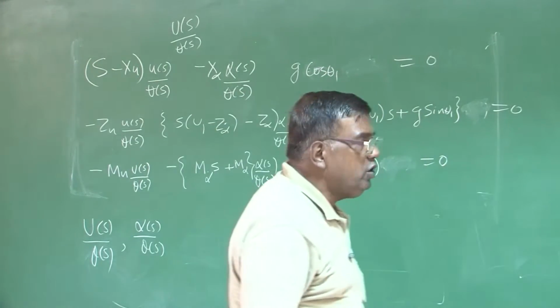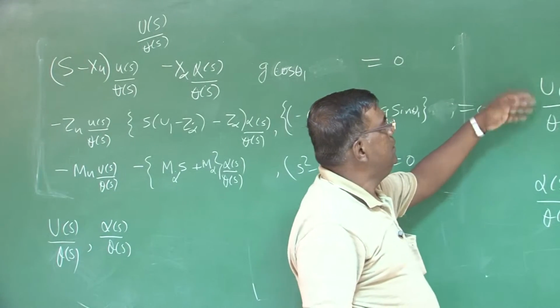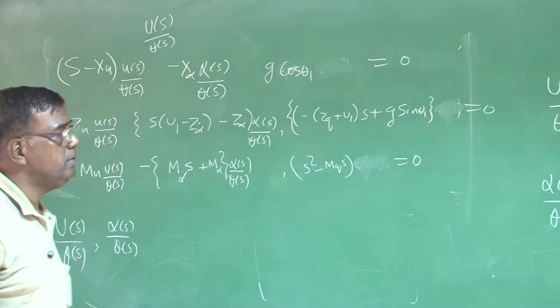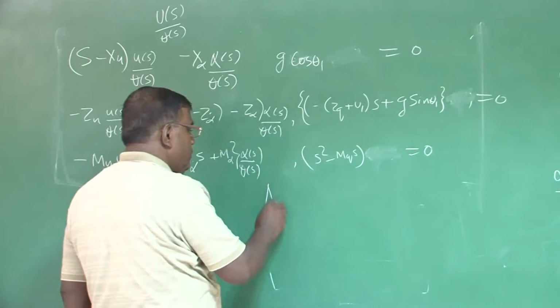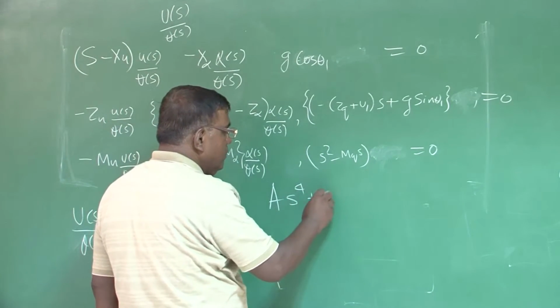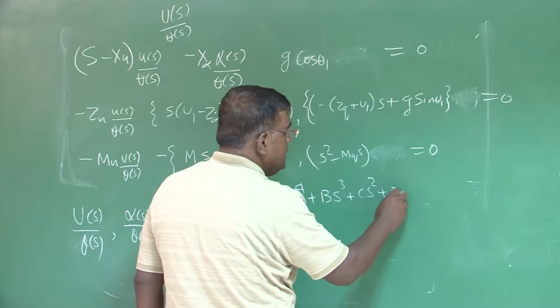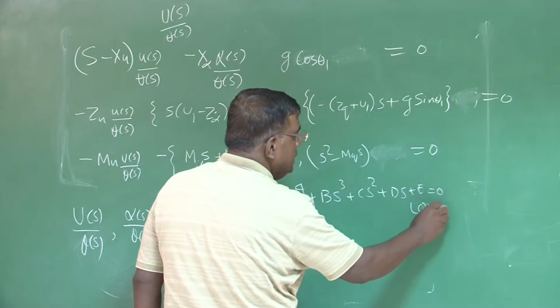What is the message now? We are talking about mode shapes. That means we want to see the relative change in the magnitude and phase of the motion variables. For the longitudinal case, they are u, alpha, and theta. Remember, we have the equation as 4 plus b s cube plus c s square plus d s plus e equal to 0 for the longitudinal case.